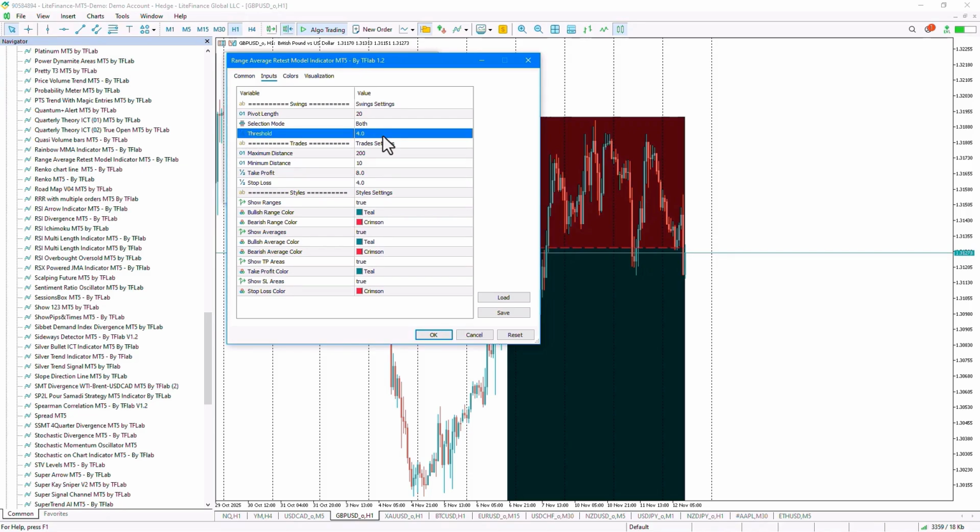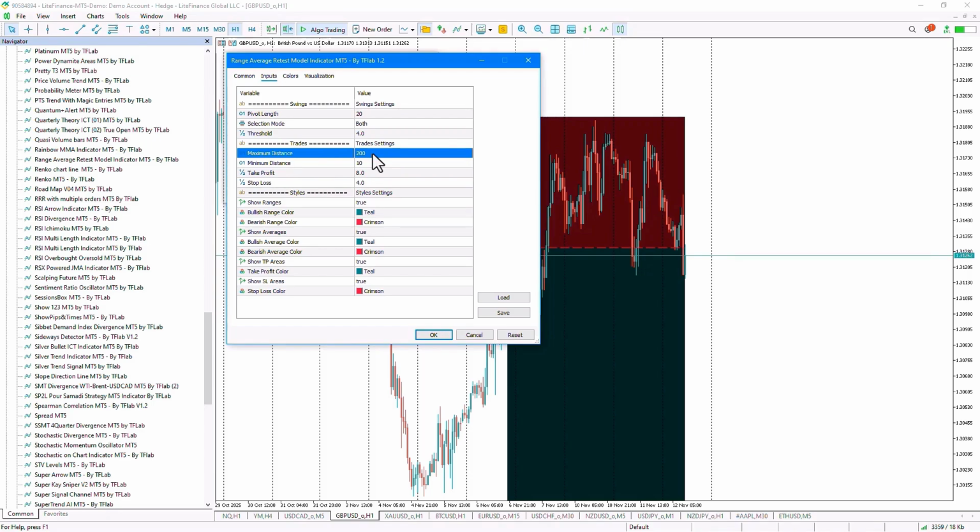In fact, this parameter checks how far the new average is from the previous average and how much the price has moved. In the next section, under Trade Settings, the first parameter allows us to specify the maximum distance here, which is the maximum allowable distance between the entry point and the target point for entering a trade.